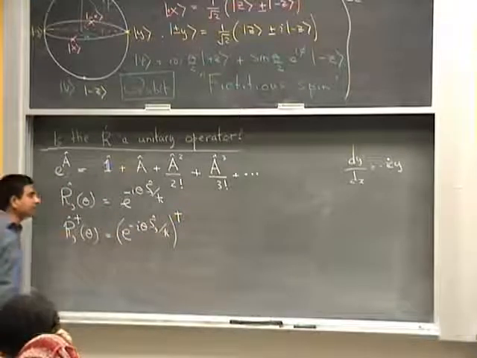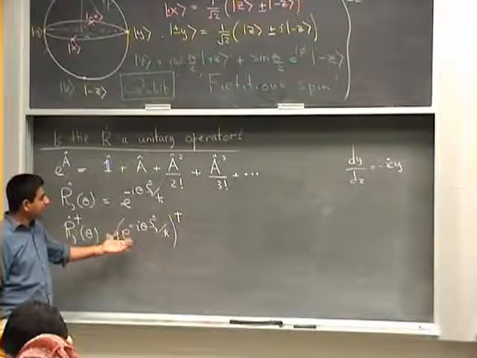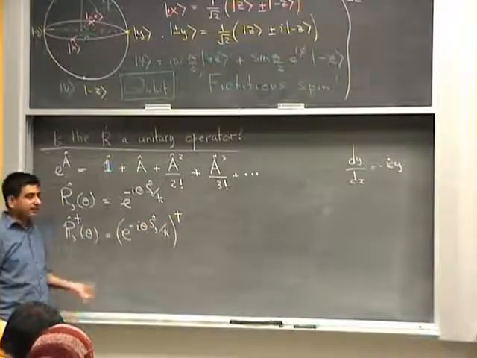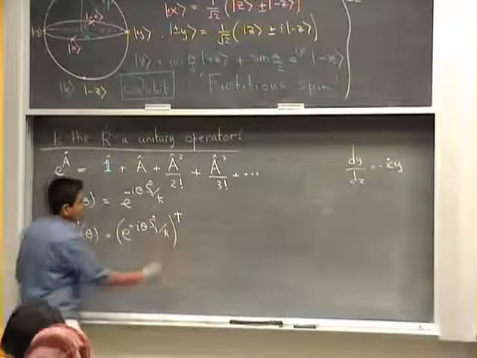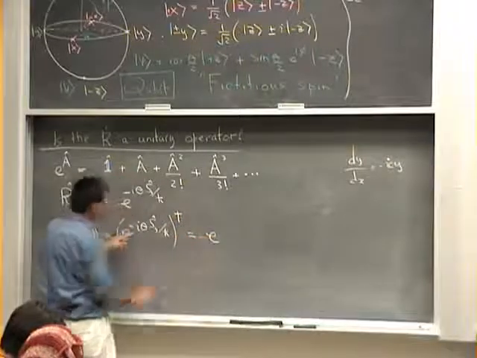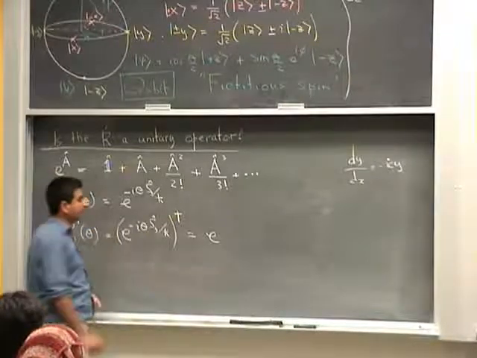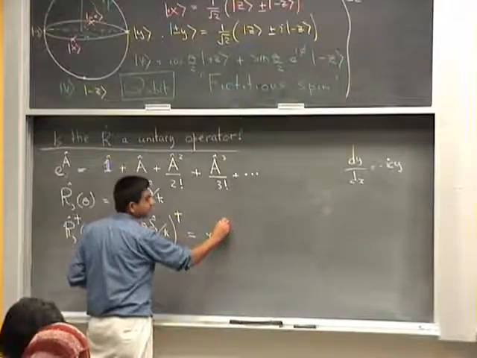Now the adjoint of this operator means that I have to find the adjoint of every scalar and operator inside this expression. So the adjoint becomes, what's the adjoint of iota? Minus iota, but there's a minus sign already there. So I get plus iota.